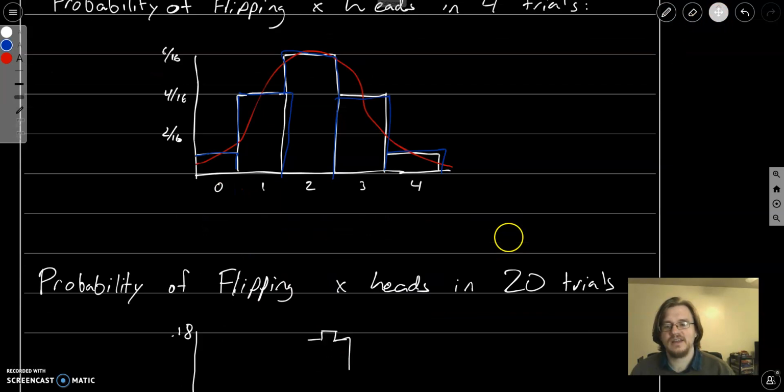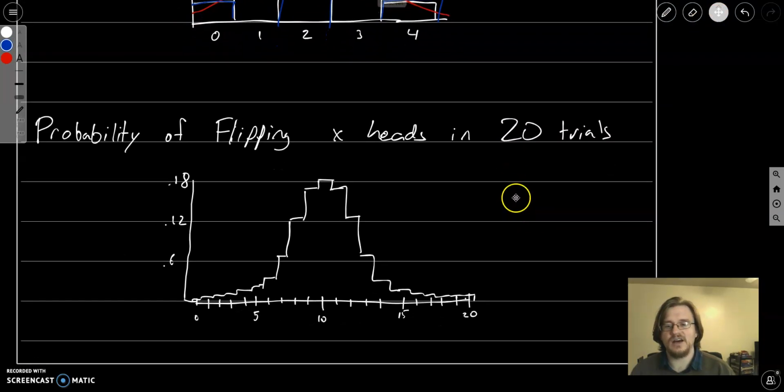However, if we have more trials in our binomial distribution, say we were flipping a coin 20 times, we can see that it slowly becomes a little bit more continuous. It looks more like a normal distribution, more like a bell curve.